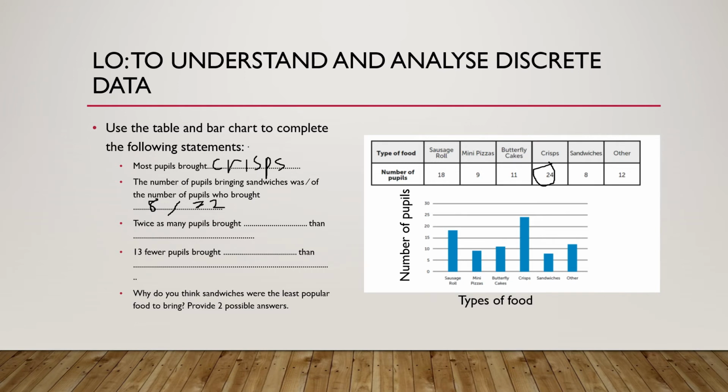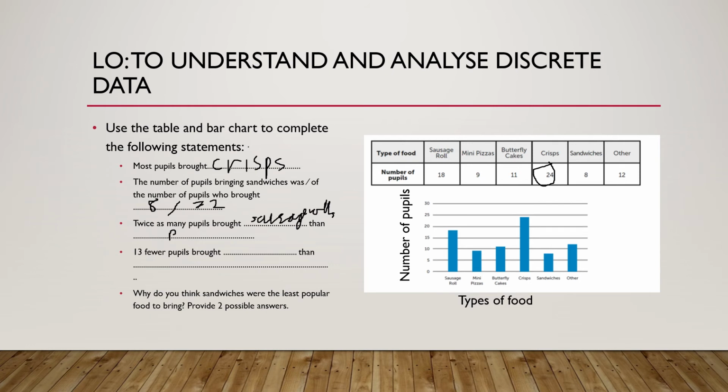Twice as many pupils brought what? Twice as many pupils brought sausage rolls as many pizzas. Ooh, terrible writing, excuse me.